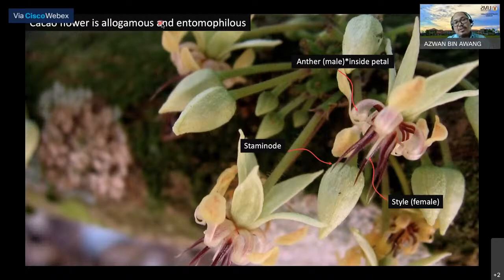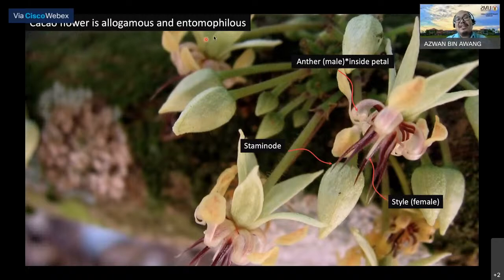But the allogamous flower doesn't like pollen from the same flower or the same tree. They like pollen from other trees or other varieties. They like outcrossing, so they can produce different types. The seeds produced will be different, not very much like the mothers or fathers. So they will produce hybrids.